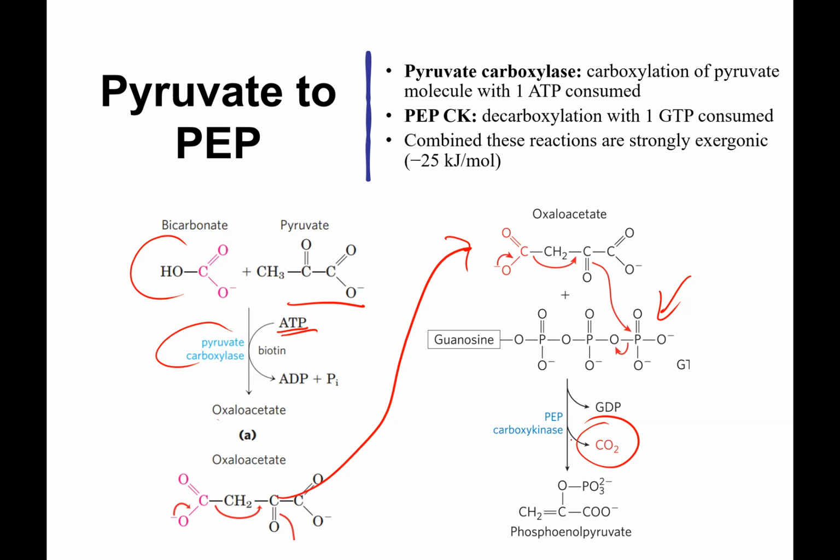So if we are doing a bypass reaction, notice, since this is also a point of regulation, this is also an exergonic reaction to the tune of -25 kilojoules per mole.